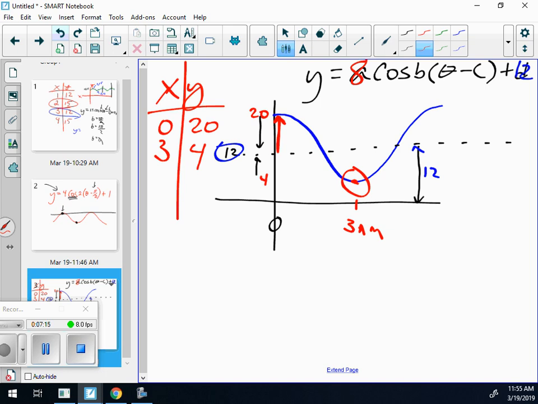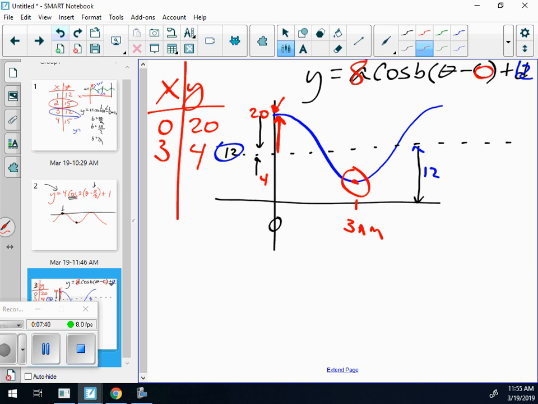Okay. Now, B and C. All right. I made this an easy one because with cosine, you get how the peak of cosine is supposed to be right there, and it is right there. So I don't have to worry about any shift. So what is C equal to? 0.